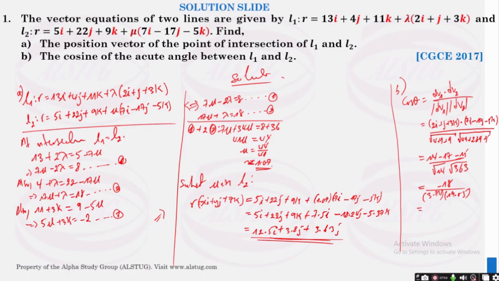So the cosine of this angle will be negative 18 divided by 3.74 times 19.05.